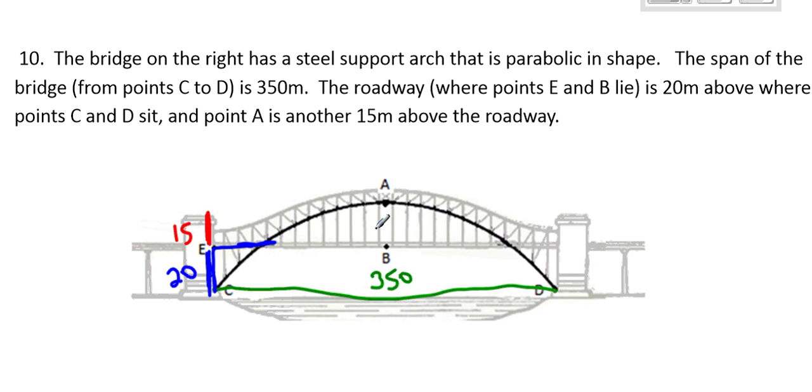So that's important because now we have a whole bunch of information about where these different important points are going to lie in relation to each other. And for example, if we use symmetry and cut the parabola in half, instead of saying 350 meters from C to D, we could talk about 175 meters here and 175 meters here. So there's now lots of information about this parabola, and let's see what we're supposed to do.